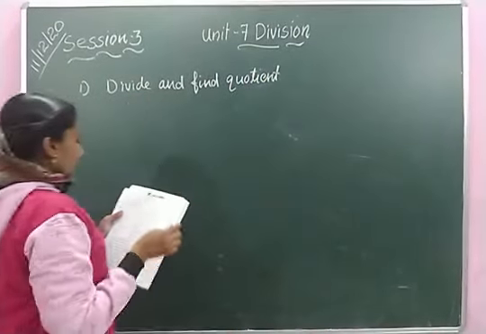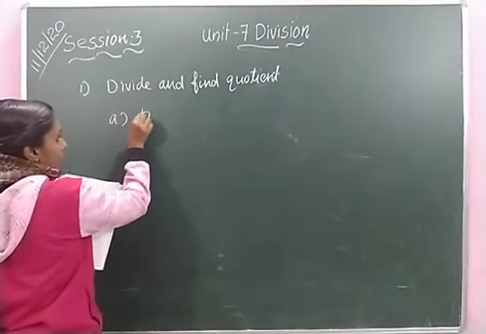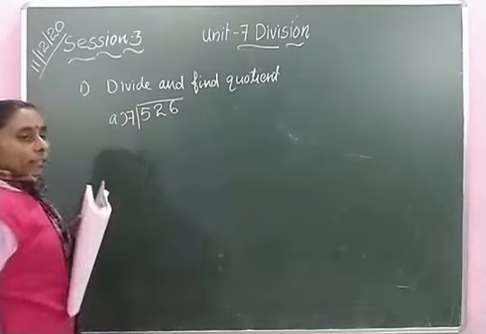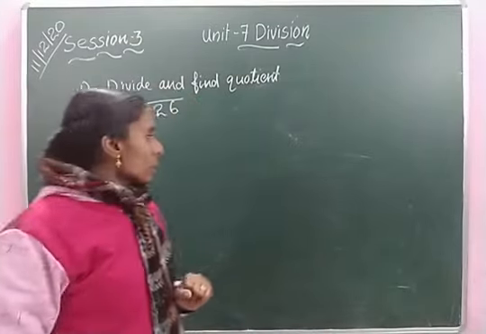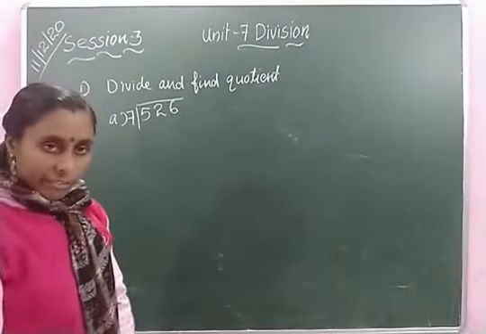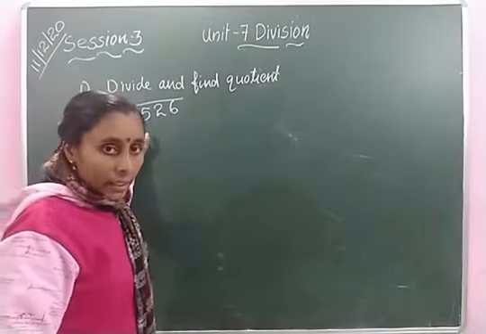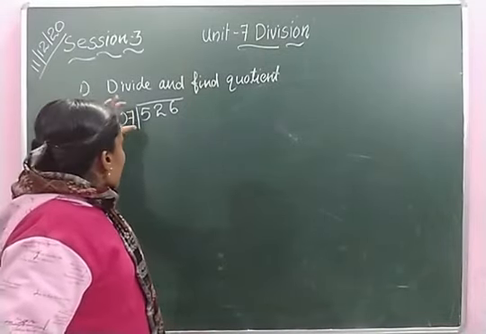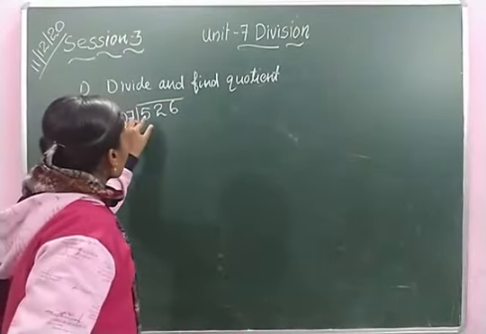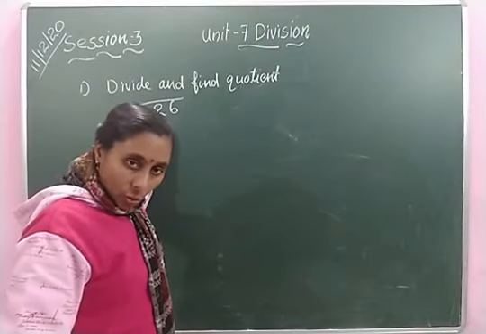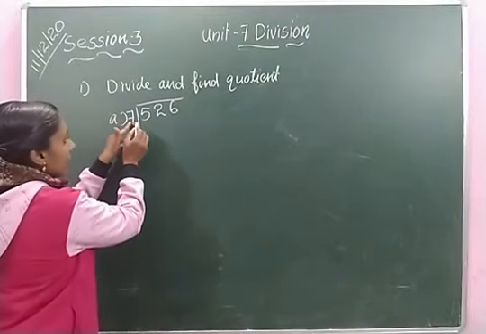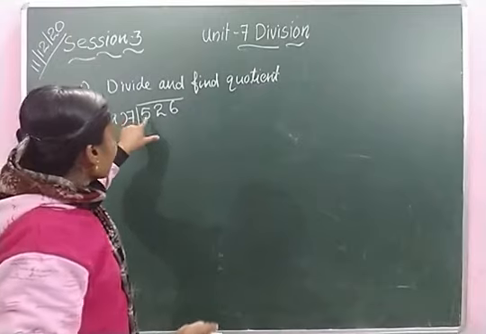First question, 526 divided by 7. Let's see here. Which is the dividend? 526 is the dividend and 7 is the divisor. Since the divisor has only one place, first we have to select one digit from the dividend.